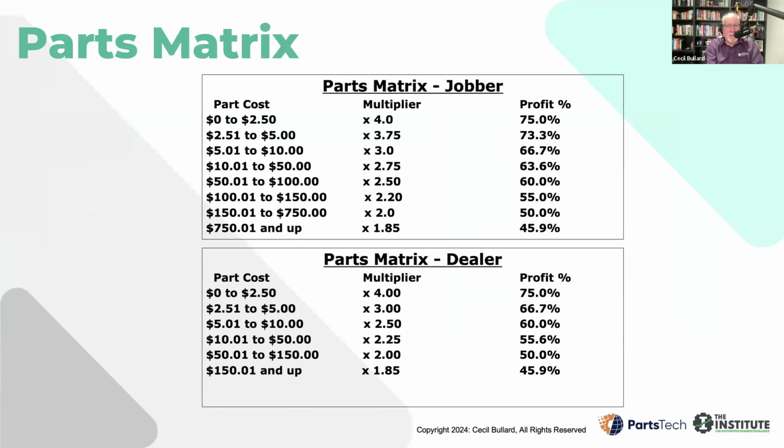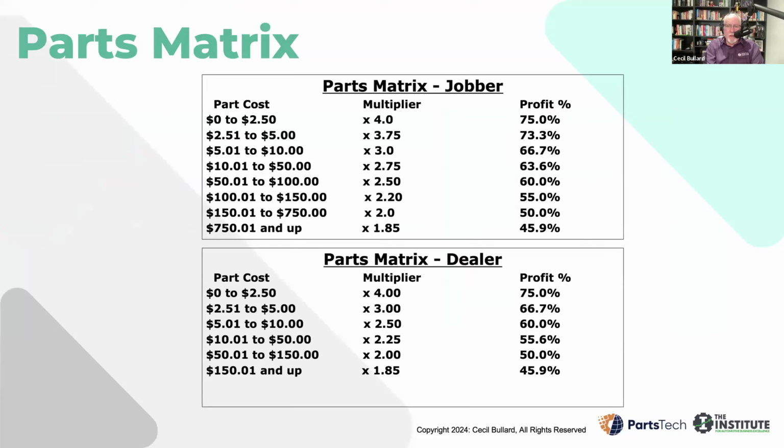All right. This is a parts matrix. So all the lead up before, you need to put a parts matrix into your shop. This is a particular matrix that's been developed and modified over the years to get a shop about 58% margin when you mark things up.